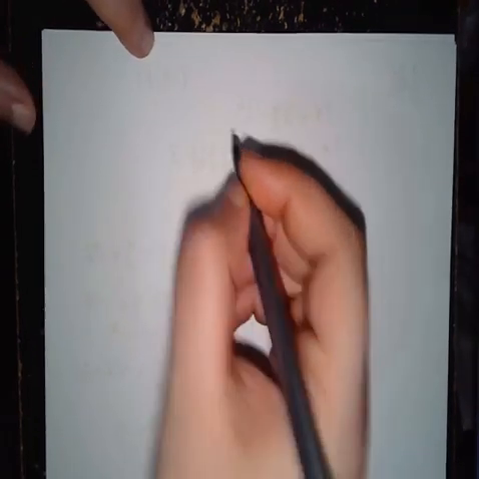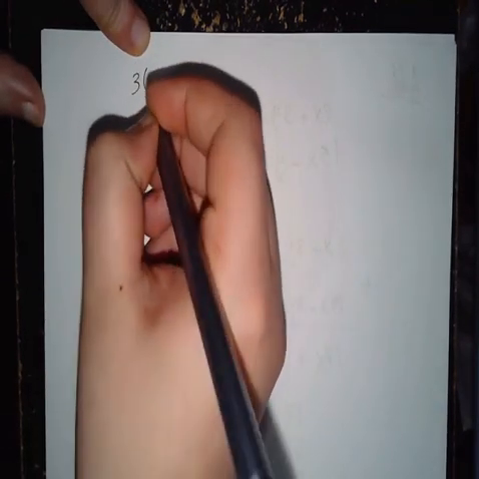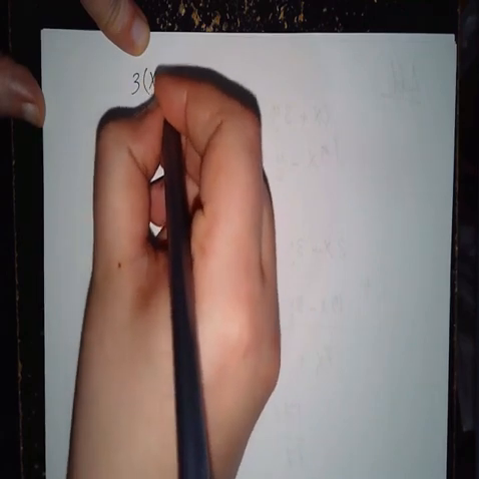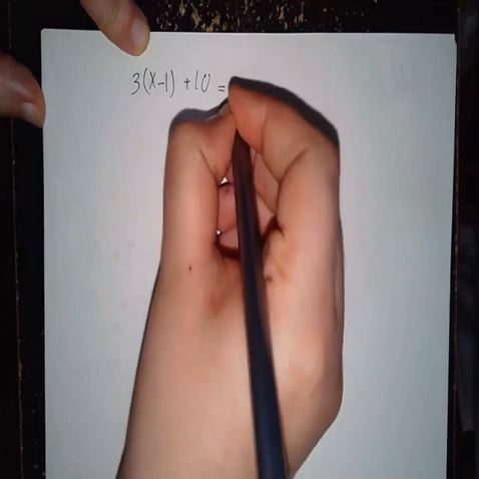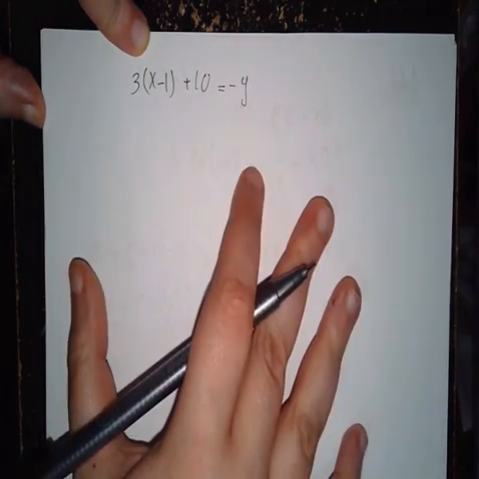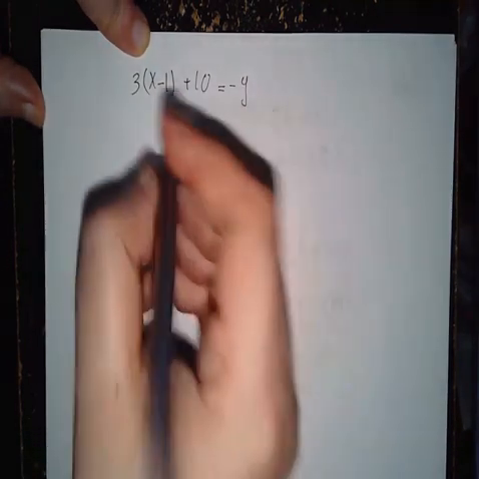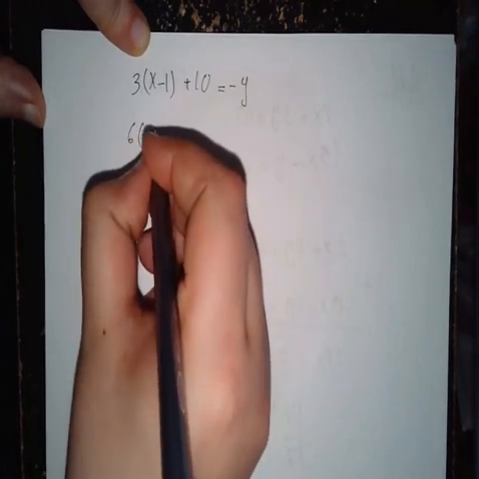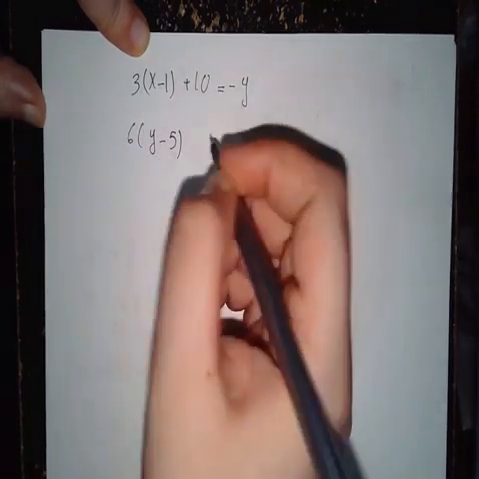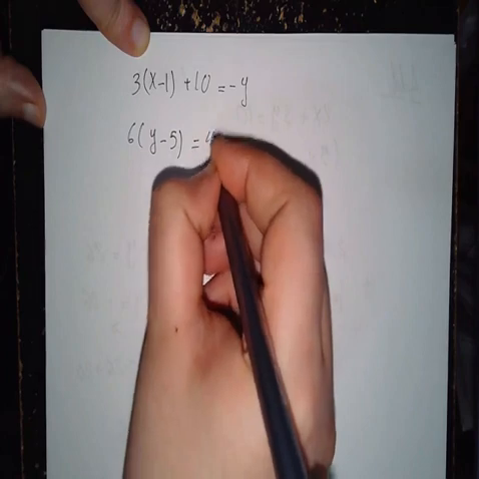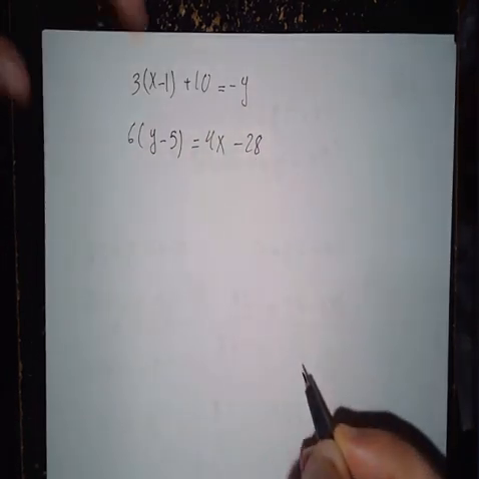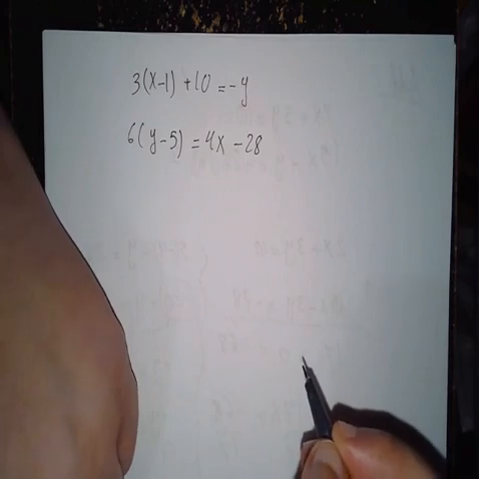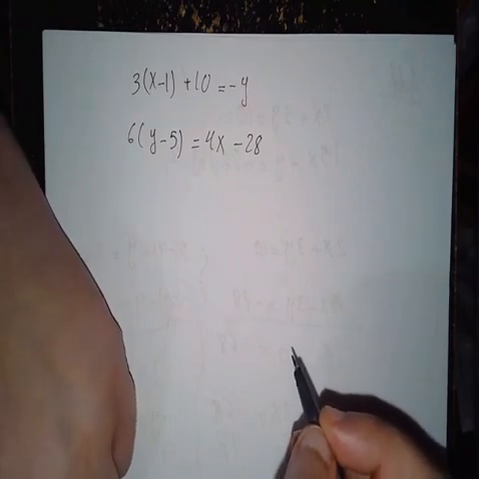So for this one, we have what? 3 times x minus 1 plus 10, and it equals negative y. This is the first equation. Second equation, 6 times y minus 5 equals 4x minus 28. As you can see, they're messy. We need to rewrite both.